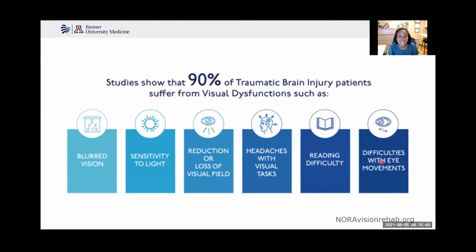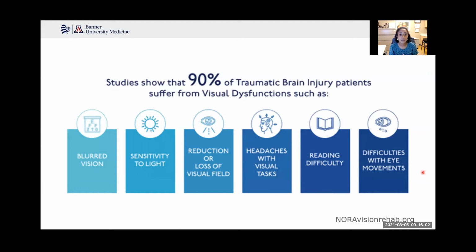Studies are showing that 90% of traumatic brain injury patients suffer from some level of visual dysfunction, and it may include, but is not limited to, blurred vision, sensitivity to light, reduction or loss of visual field, headache, visual tasks, reading difficulty, difficulty with eye movements, and the list can go on and on.